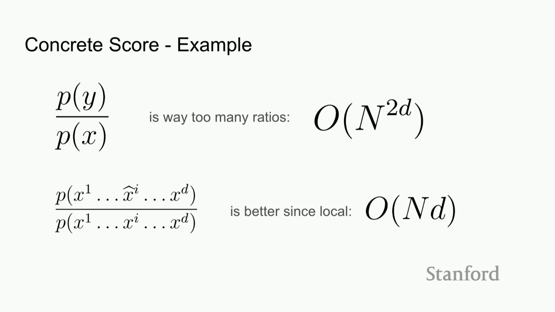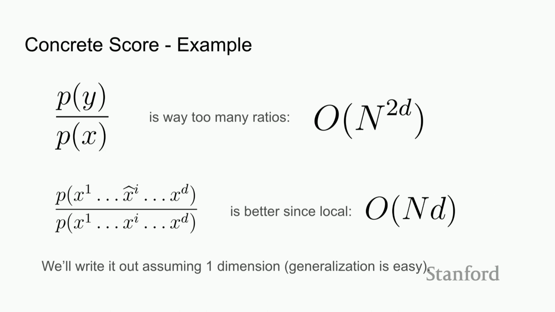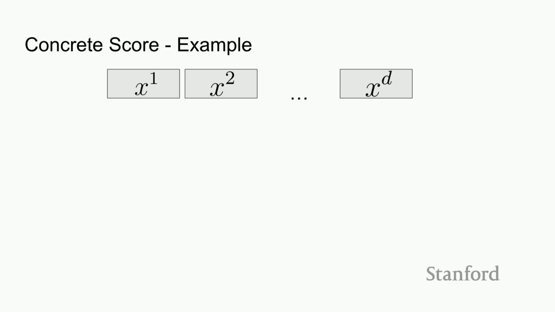When we model these ratios between two sequences that differ at only one position, we can parameterize them. We'll normally write it out with the first value, p(y) over p(x), for all of our derivations, but all the derivations generalize pretty easily to this multidimensional case, just as a precursor for the rest of the talk. It's simpler to write it out this way. We can also model these ratios pretty easily with a neural network.